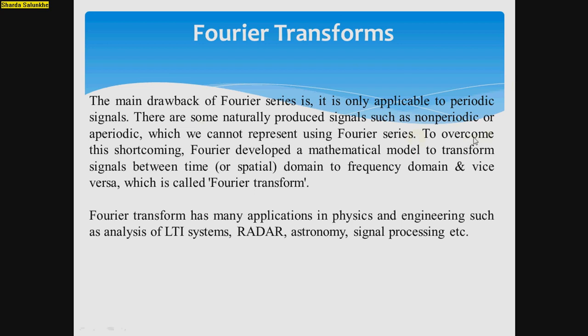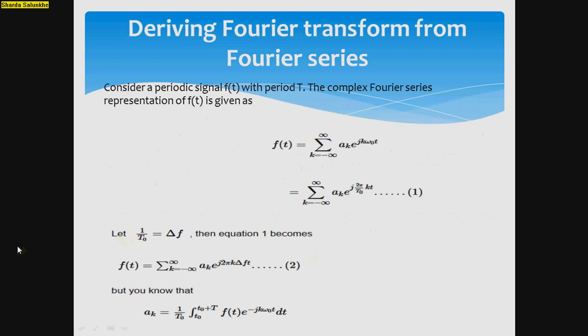To overcome this drawback, Fourier developed a mathematical model to transform signals between the time or spatial domain and the frequency domain and vice versa, which is called the Fourier transform. The Fourier transform has many applications in physics and engineering, such as analysis of LTI, that is linear time invariant systems, radar, astronomy and signal processing.